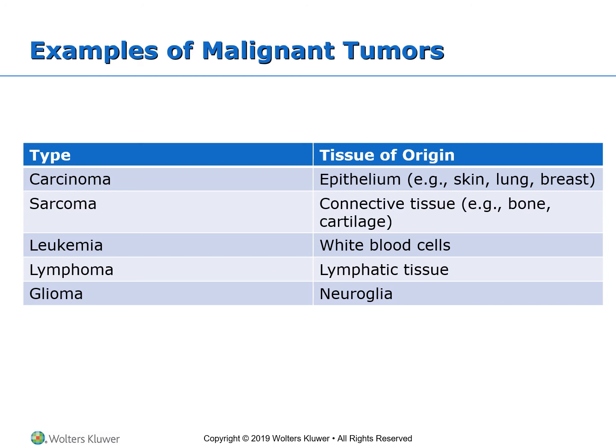We have sarcoma, which is a tumor of the connective tissue. It can be bone, cartilage, or even muscle. Leukemia is a cancer of the white blood cells, while lymphoma is a tumor of the lymphatic tissues. Glioma is a tumor that starts at the neuroglial type of cells in the nervous system.